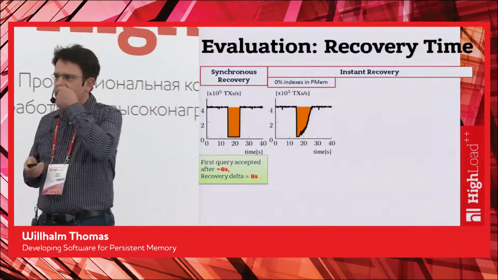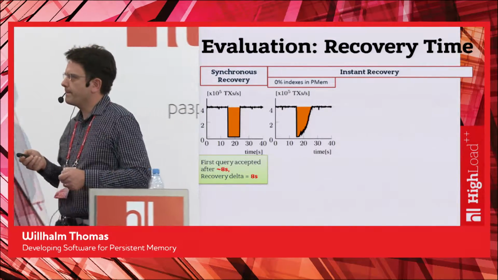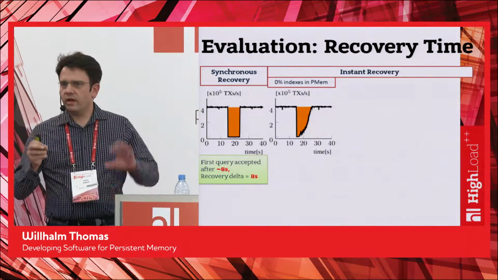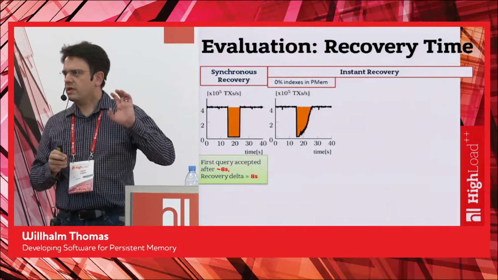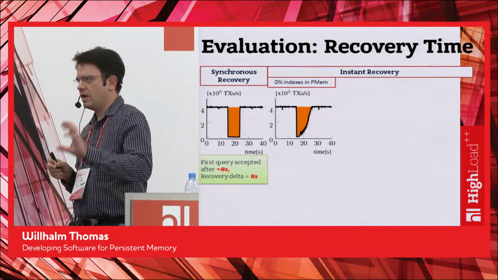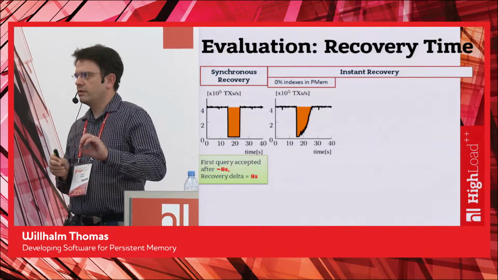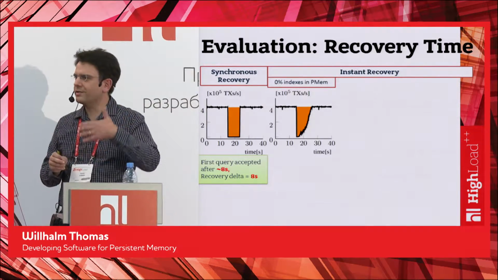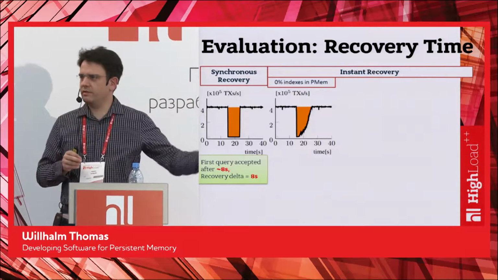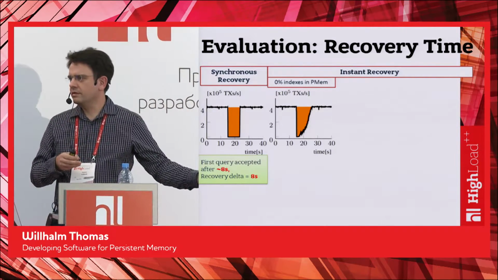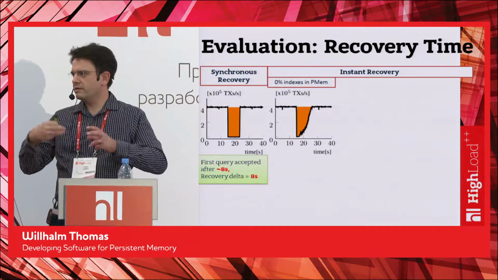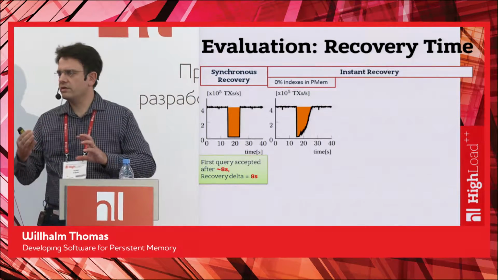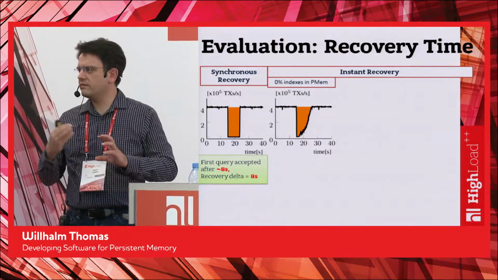So we wanted to speed this up further with another idea. Our secondary data structures, our indices, are not truly needed for answering queries. They're only there for speeding up answering queries. So we can start answering queries using the primary data and rebuild the indices in the background, and as soon as they're available, we start using these indices and they get faster and faster.